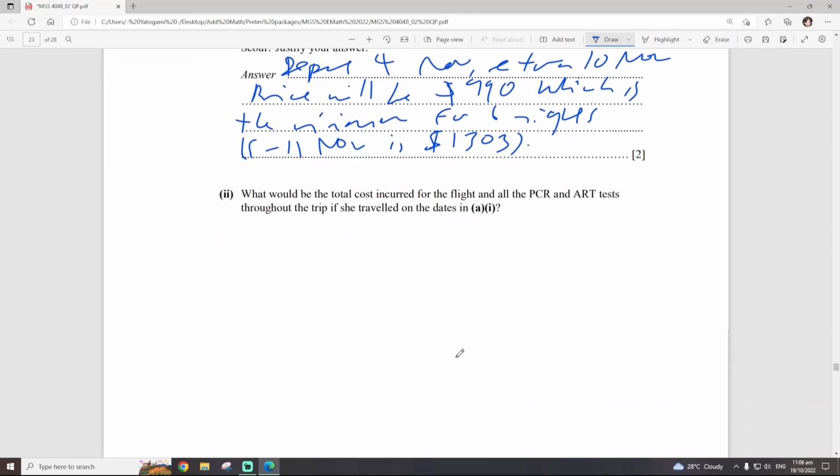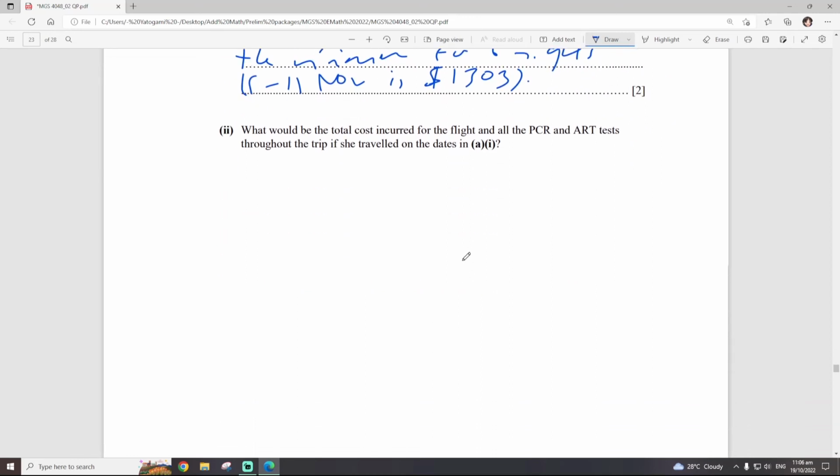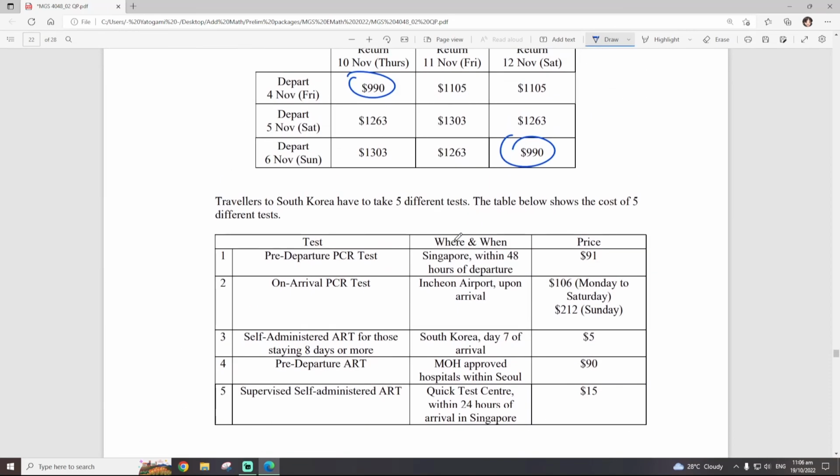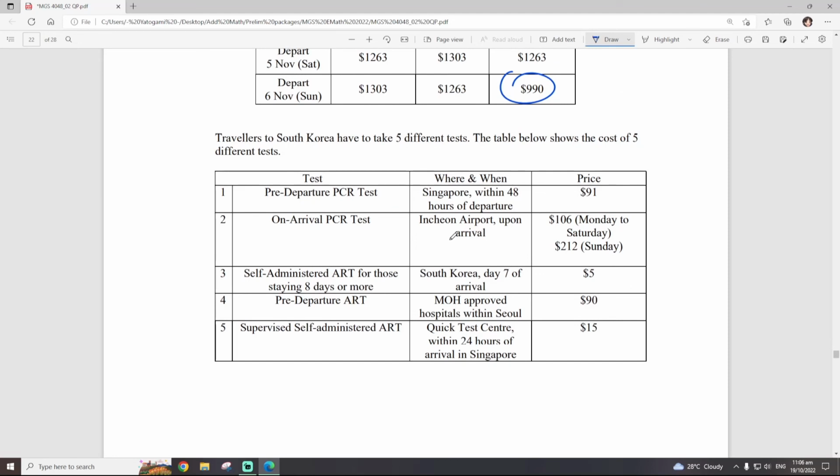What will be the total cost incurred for the flight and all the PCR and ART, because it's COVID times, right? Throughout the trip, if she traveled on the dates. Self-administered ART is for those staying 8 days or more, so we are not counting this. Pre-departure ART within 24 hours of arrival.